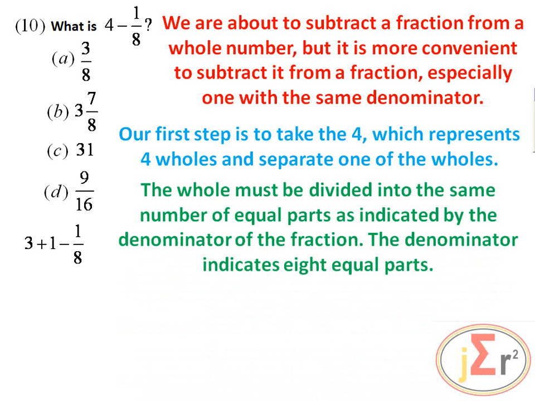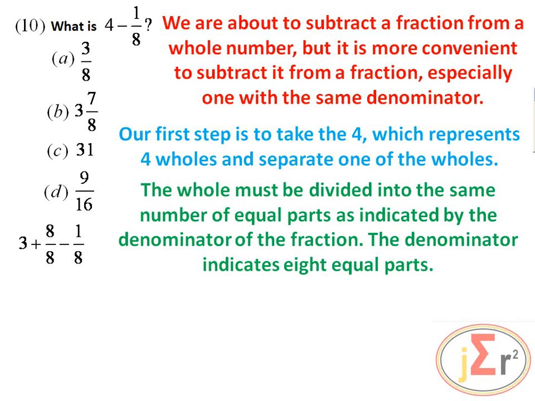The whole must be divided into the same number of equal parts as indicated by the denominator of the fraction. The denominator indicates 8 equal parts. So if we have 8 equal parts here, then we need to divide this whole into 8 equal parts. So it is represented by 8/8.